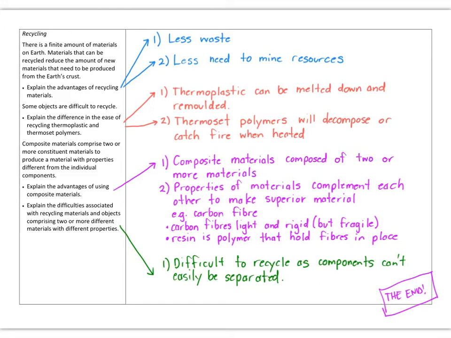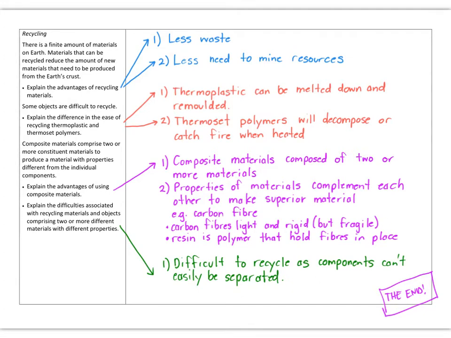So a classic example, carbon fibre. Carbon fibres are very, very light and rigid, but they are very, very fragile. They're also very sharp and dangerous to use. So trying to build materials just out of pure carbon fibre is very, very difficult.